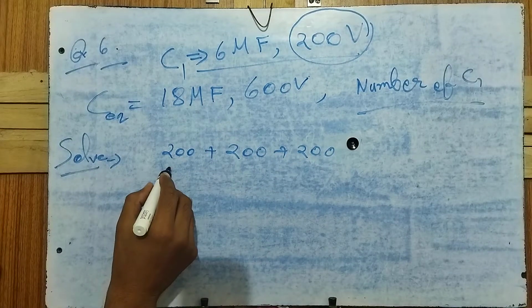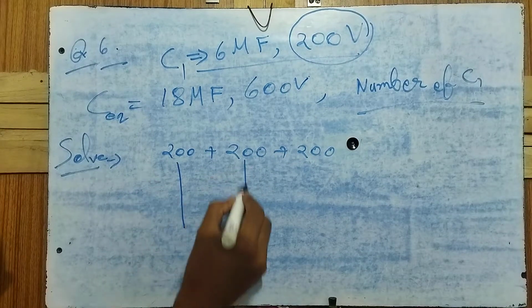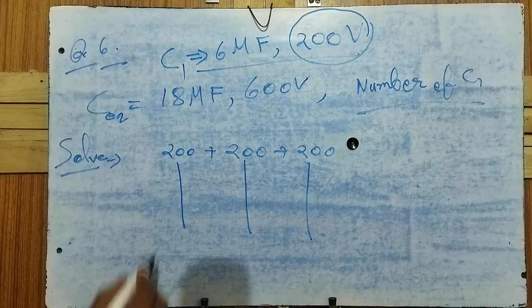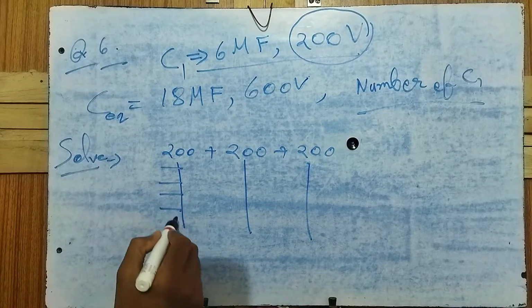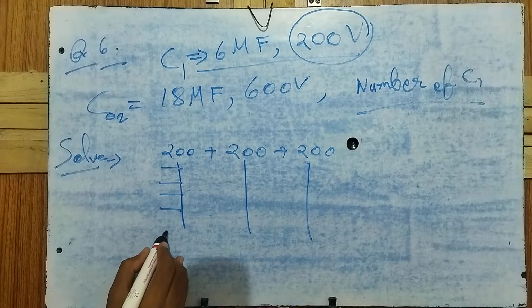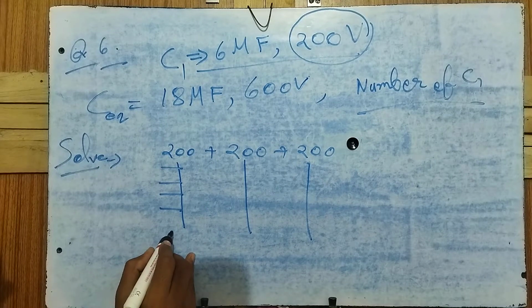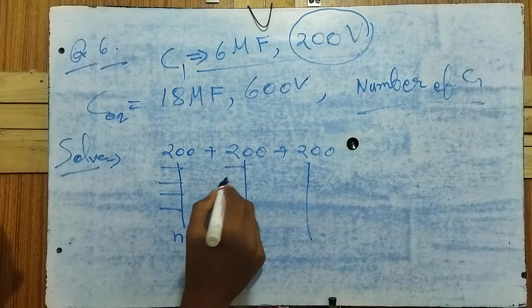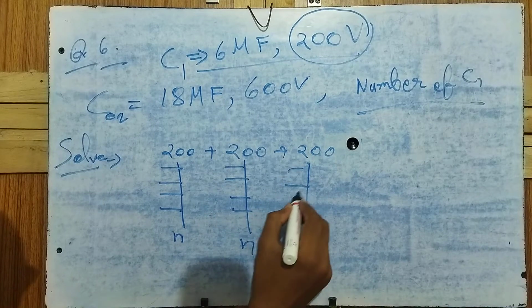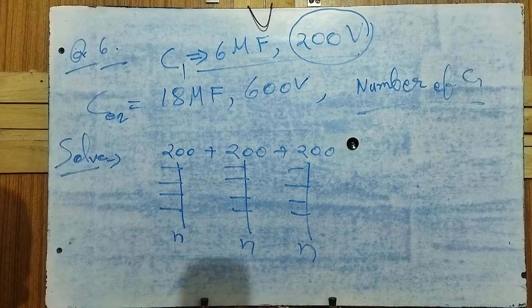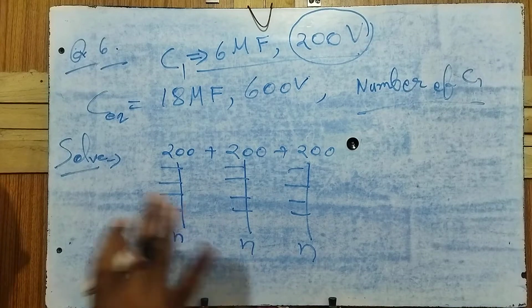Means it will be in series. But in parallel, how many number of capacitors will be used as C1? So we consider it as n. So it will again be n, it will again be n, right? We are saying that it is n.